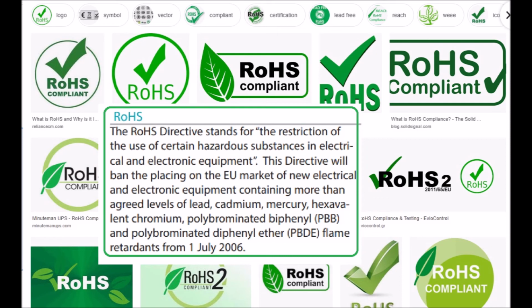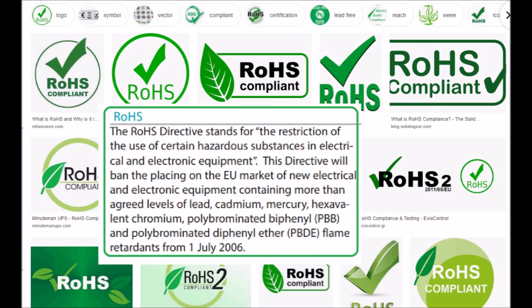ROHS. This is the next page. ROHS. The ROHS directive stands for the restriction of the use of certain hazardous substances in electrical and electronic equipment.